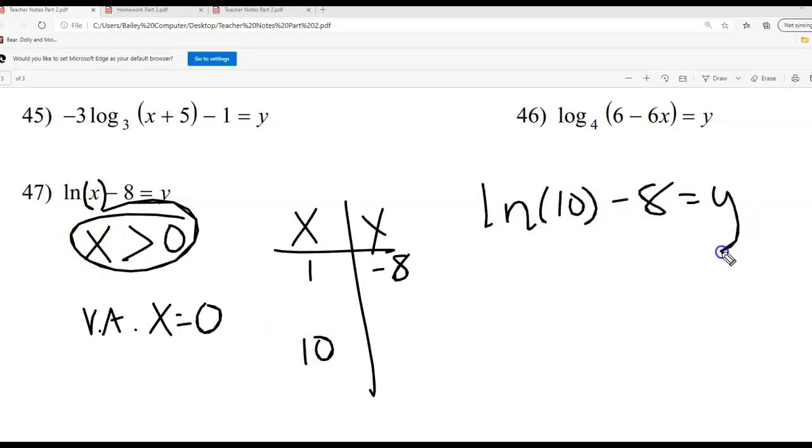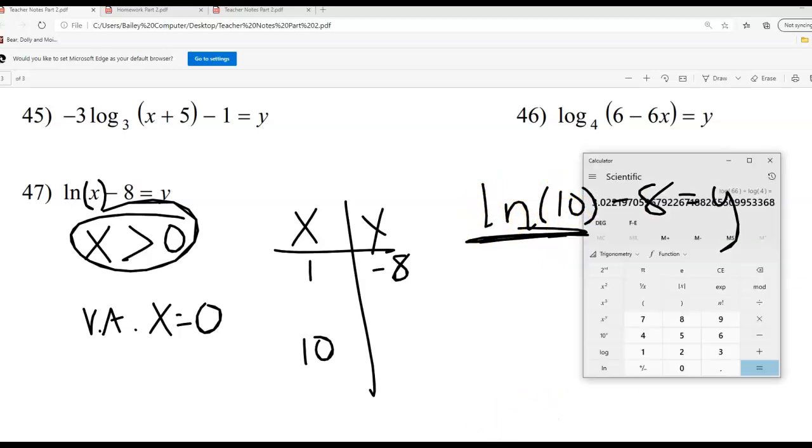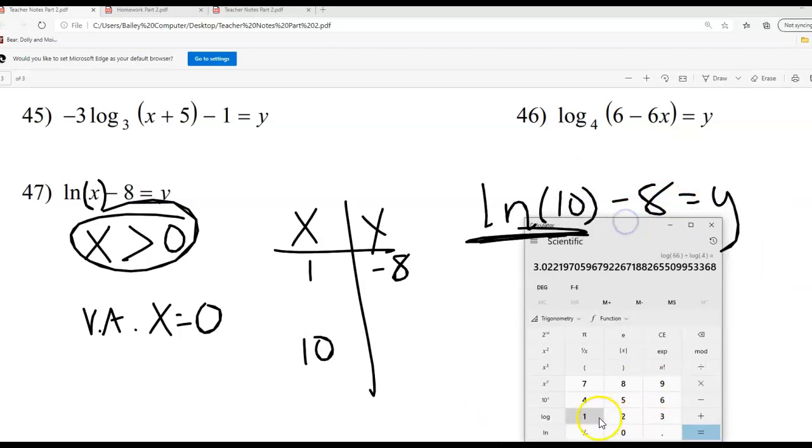In this case, we don't really need to use a change of base, because our calculator has an ln button on it. It doesn't have a log base 4 button or a log base 3 button. It does have a log base 10 button, which is why we did the change of base. But it also has an ln button, so we don't need to do change of base. We can just punch this in our calculator just as you see it here. I'm going to put 10, and then push ln. That's 2.3.